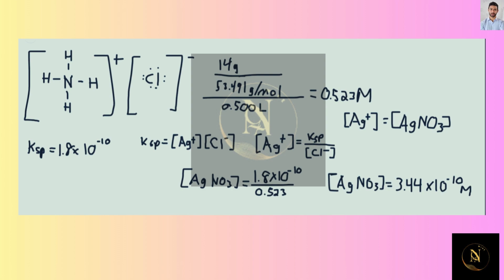So we're going to convert that to grams. So 3.44 times 10 to the negative 10 molar, times 0.50 liters.